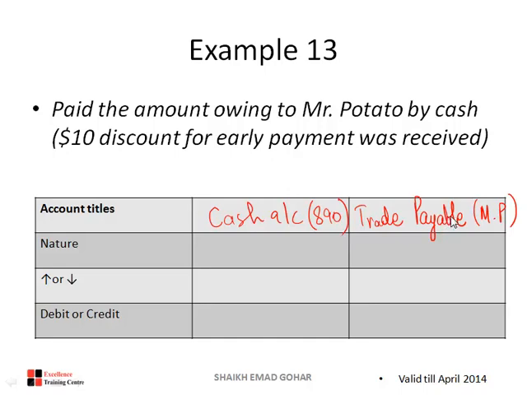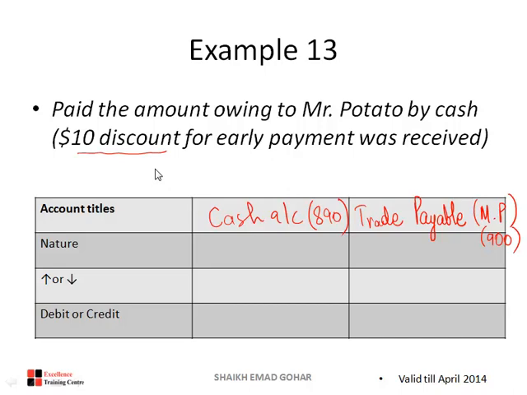But the amount in the trade payables was how much, if you remember? 900. So the trade payables will go down by 900. But I have paid 890. So this difference of 10, am I receiving or allowing?